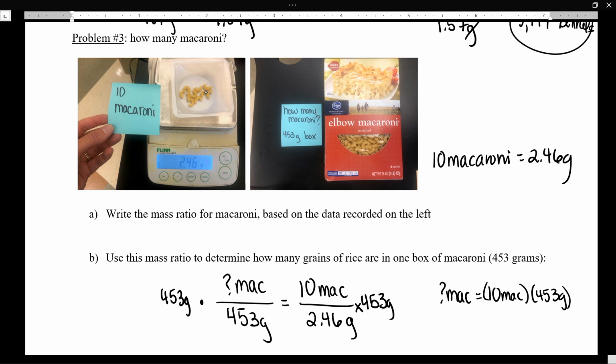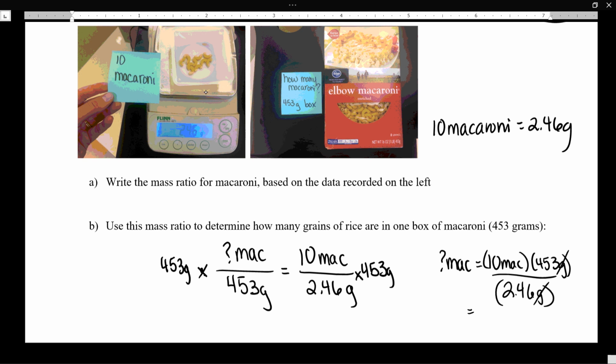I'll write this out as times just to make sure. Okay, and then divided by 2.46 grams. So grams cancels out, and you will solve for your amount of macaroni. So it is 10 times 453 divided by 2.46 gives you 1,841 macaroni.